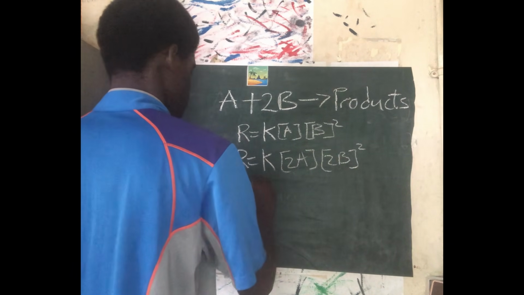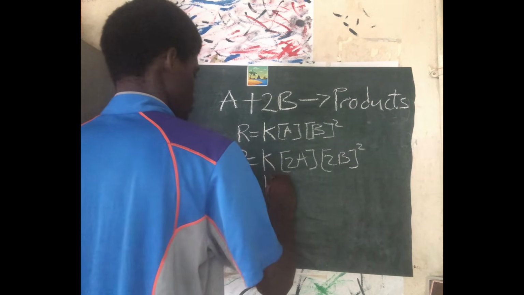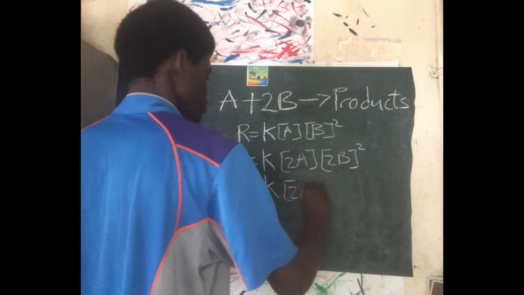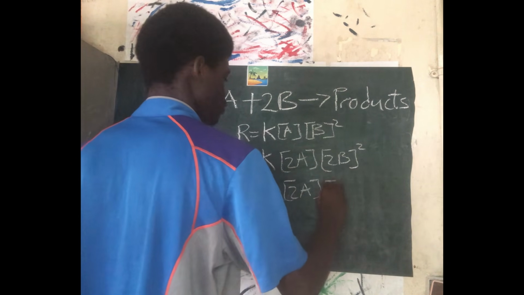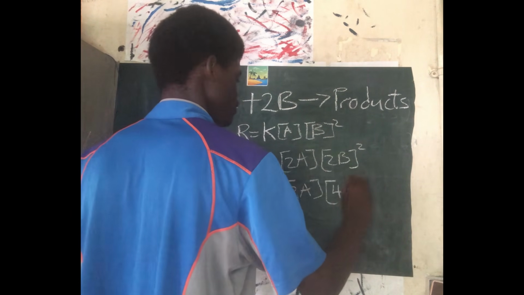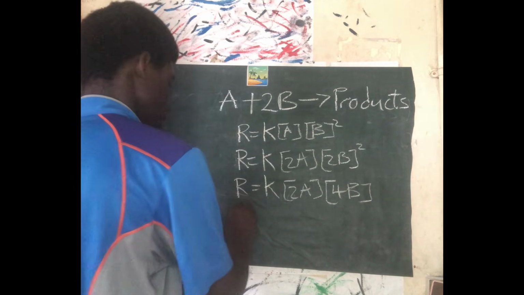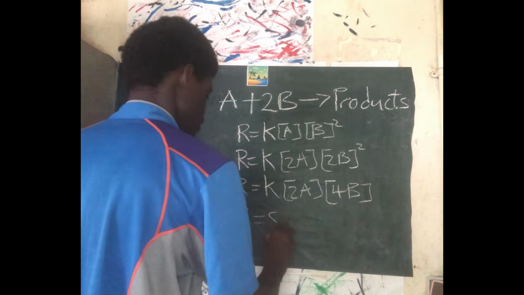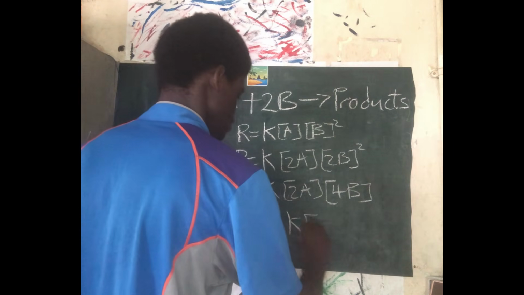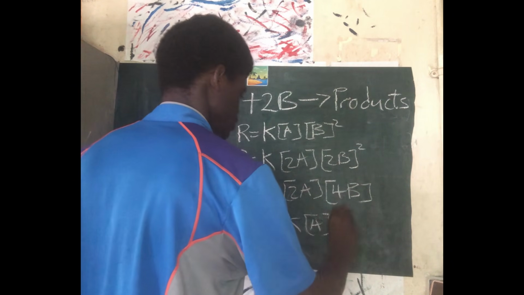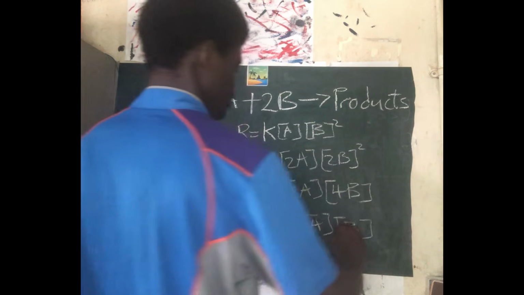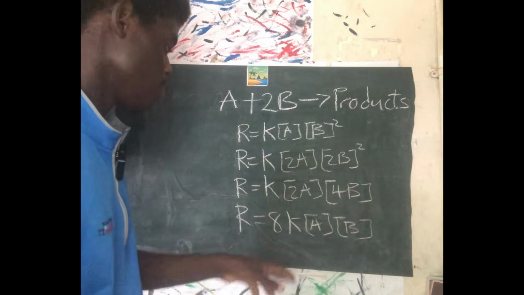Then R will be k, this one is 2A squared, then this one will be 4. Then 4 times 2 is 8, so we can bring the 8 outside. That will be 8 times k[A][B]. So our answer is 8.